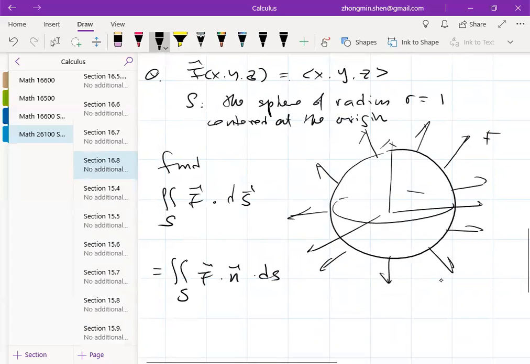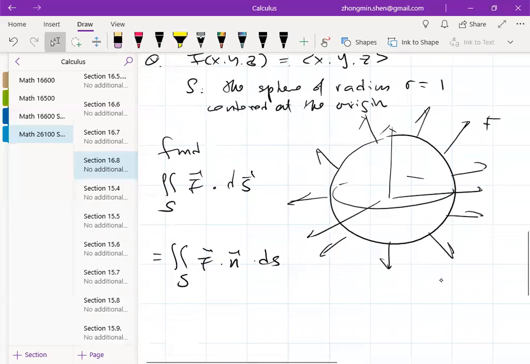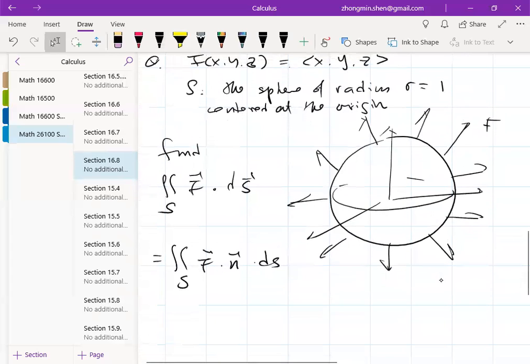Now, I can do this quickly in this particular case. The normal vector at each point, because it's a sphere, you can skip lots of steps. It's obvious it points outside, right? So the normal vector at the point x, y, z is nothing but x, y, z.